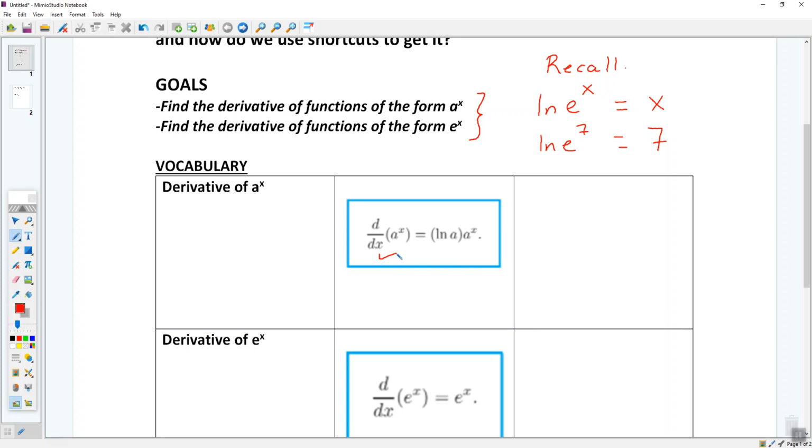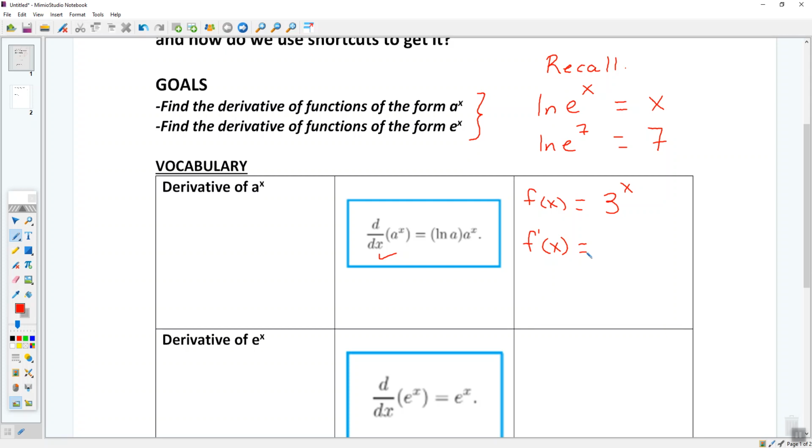So suppose f of x was equal to, I don't know, how about that one that we had up there, 3 to the x, kids? Okay, its derivative then, my friends, would be simply this. It'd be the natural log of a. What are we considering to be the a value in this example? 3.